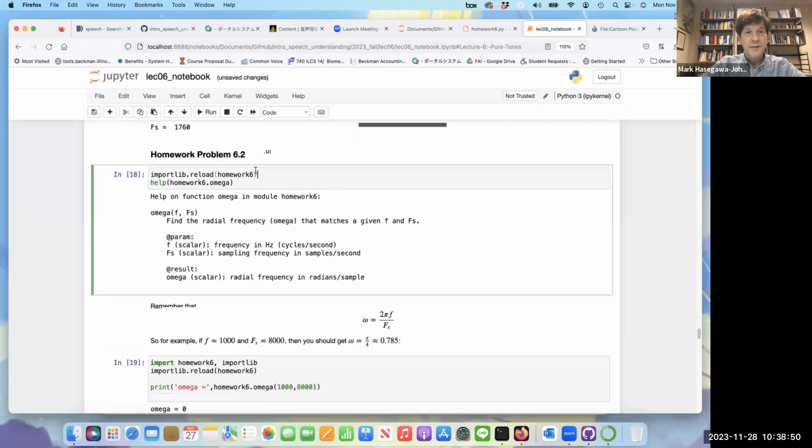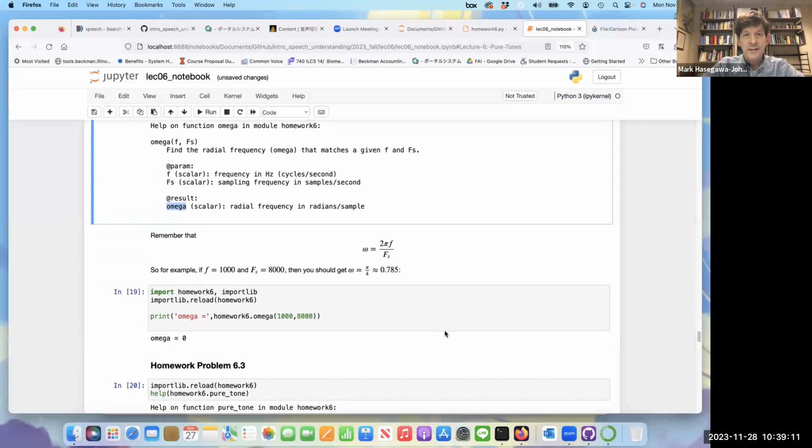The second problem is to calculate omega given f. So you remember the formula is that omega is 2 pi times little f over fs. And so if you're given a frequency f and fs and you want to calculate omega, it really is just this formula where we want to multiply 2 pi times f over fs.